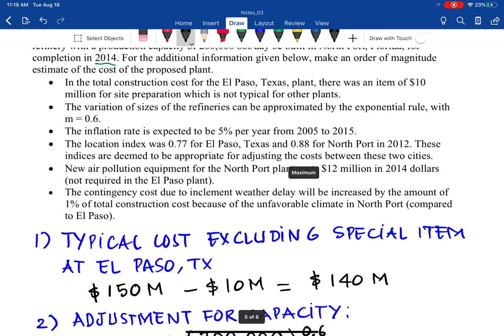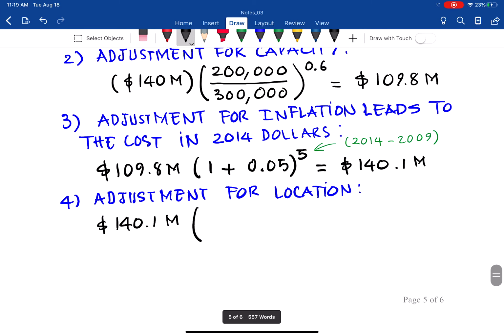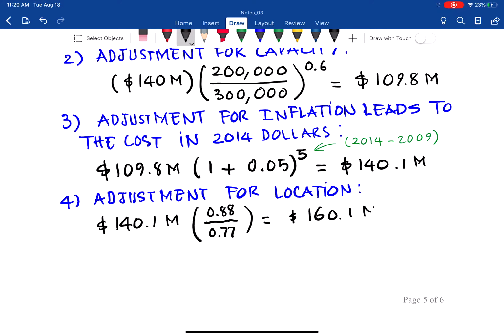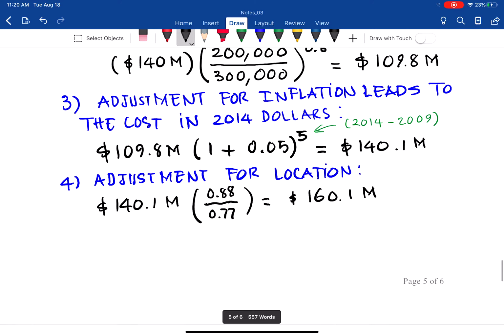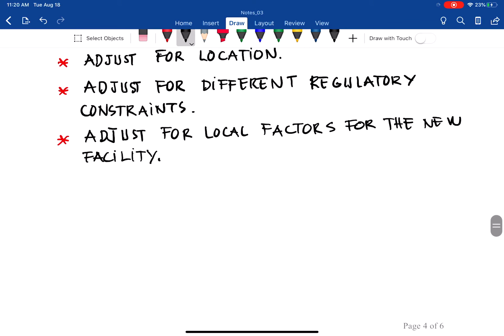El Paso 0.77, Northport 0.88. So we have 0.88 for the new facility in Northport over the reference facility in El Paso. From there we get 160.1 million.